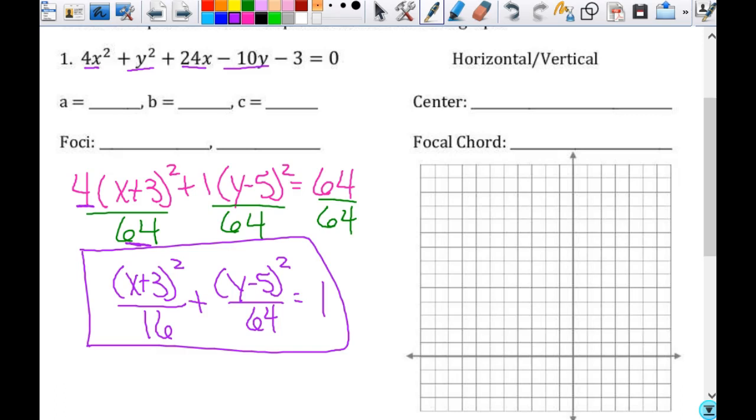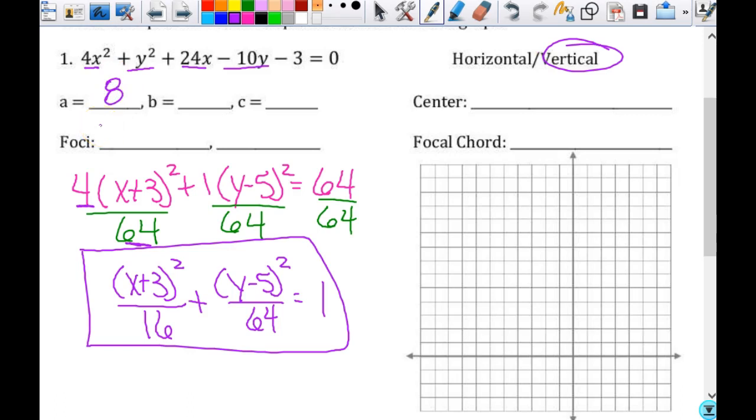Okay, so now we've found the equation, but now we've got to find everything else, and we've got to graph it. So if I have this, first of all, with this ellipse, is this a vertical or horizontal orientation? Vertical, okay, because y squared has the larger denominator, so it's a vertical, right? Which means A is what? 8.